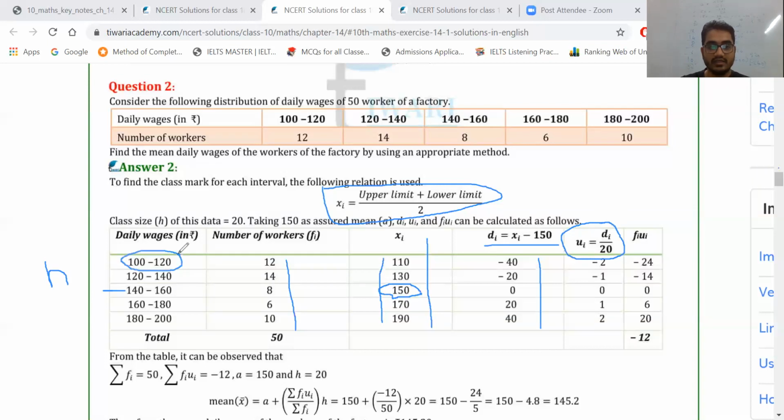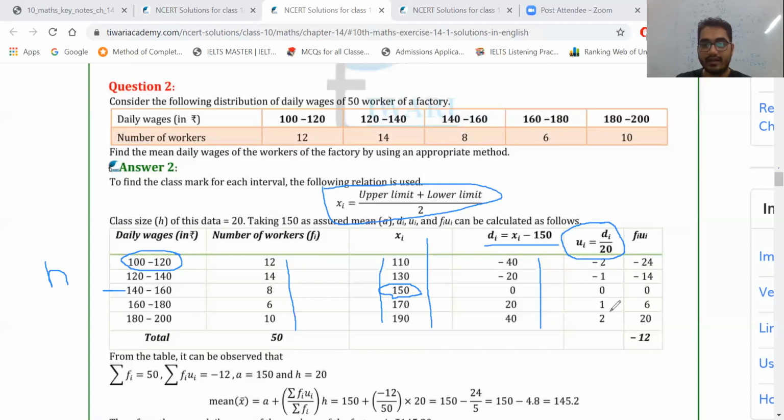The formula is upper limit minus lower limit. Just remember this, class interval size is equal to upper limit minus lower limit. So you are getting h is equal to 20. That's why it is divided by 20.